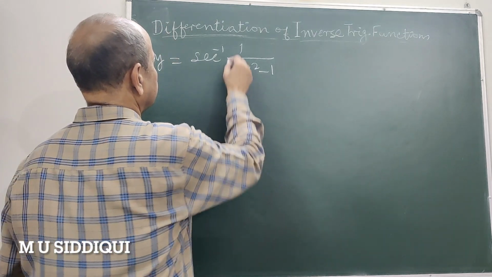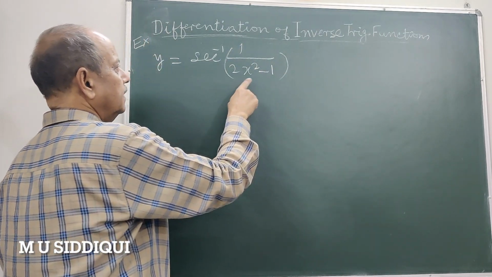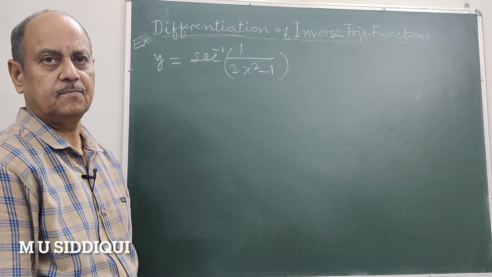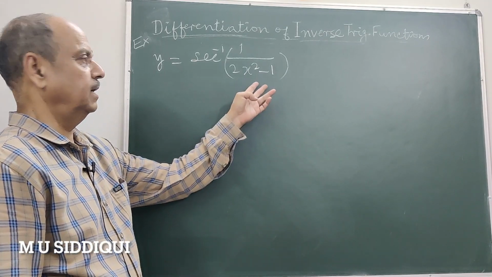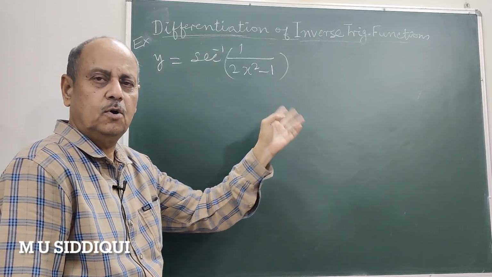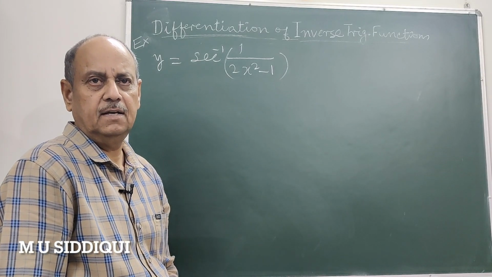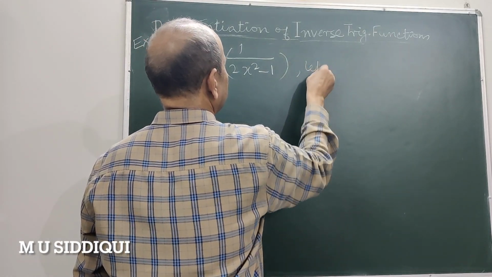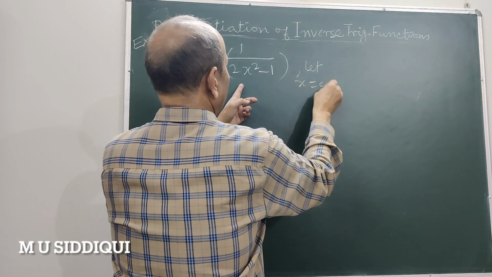This expression once again resembles something. What is this? 2x square minus 1 is similar to 2 cos square theta minus 1. So let that x be cos of theta.